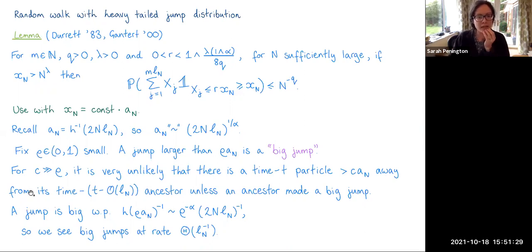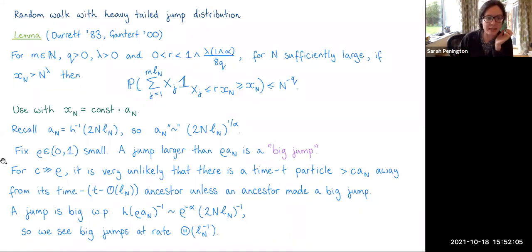And then if we take a small positive constant c, which is small but still much bigger than rho, then if we fixed rho to be small enough compared to c, then we can see that it's actually very unlikely that there is a time t particle in our Nparticle branching random walk that has moved more than distance c times an away from its ancestor at a time order of ln earlier, unless there was an ancestor between its ancestor and the particle itself that made a big jump.